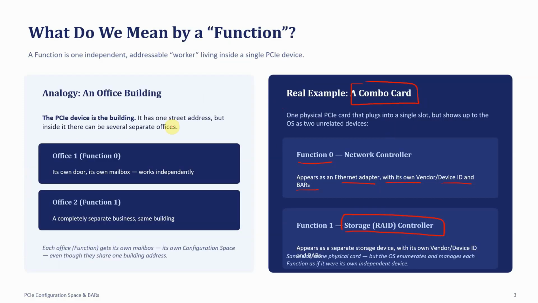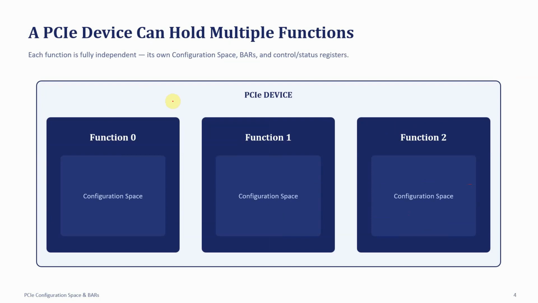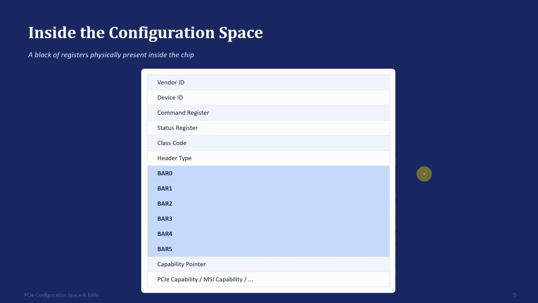Now this is the pictorial representation of what exactly your function is going to have. Each function is fully independent, with its own configuration space, BAR, and control status register. If I have three functionalities, each function is going to have its own dedicated configuration space. Inside the configuration space, as I've told you, I'm going to have multiple pieces of information from vendor ID to header type.